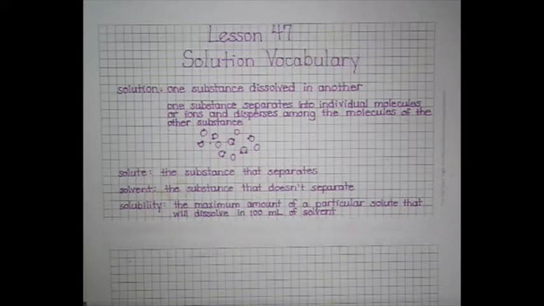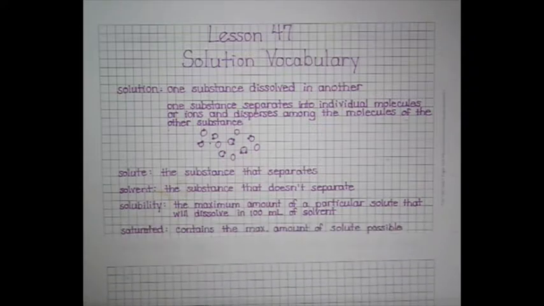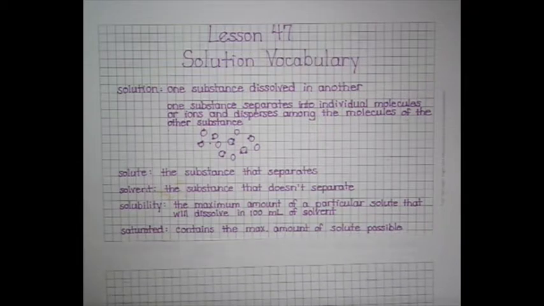So maybe we can dissolve 100 grams of this solute in this solvent at room temperature. If we have that full amount, if we've dissolved all 100 grams in that 100 milliliters, then our solution is saturated. It's holding all the solute that it possibly can. It can't hold any more, at least not at that temperature.